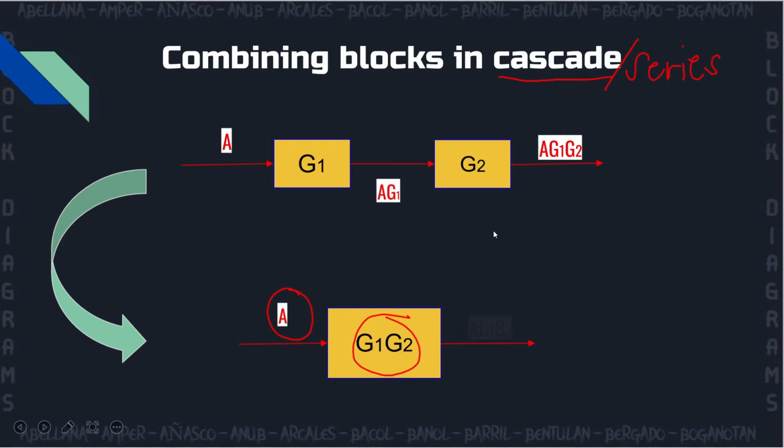The output would be AG1G2, which is the same as the first output. So to sum it all up, when combining blocks in a cascade, just multiply the two transfer functions, and you can have a single block. So it can become much easier to read and understand.